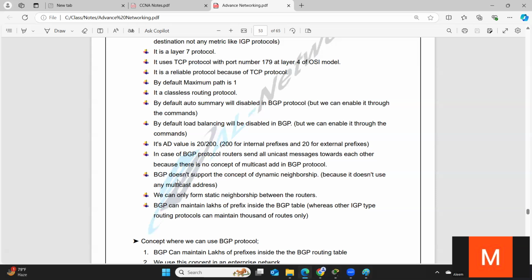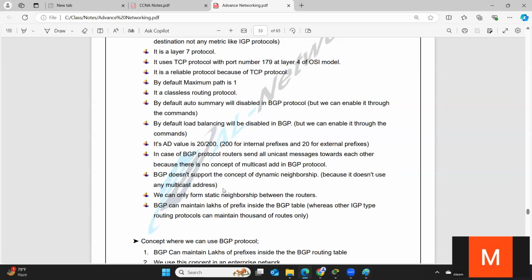So BGP does not support the concept of dynamic neighborship. Yes, understood. The BGP protocol will not support dynamic neighborship. We have to configure it statically because it does not use any multicast IP address.